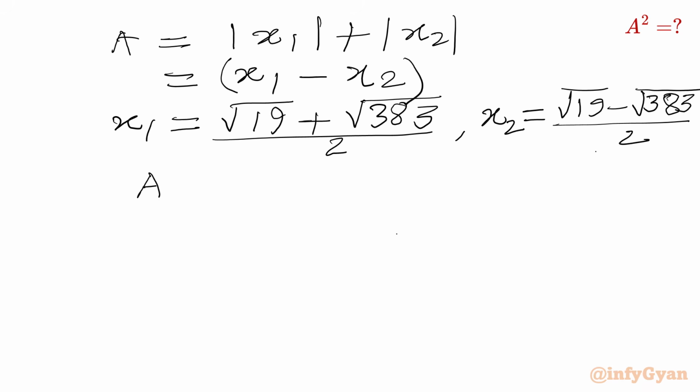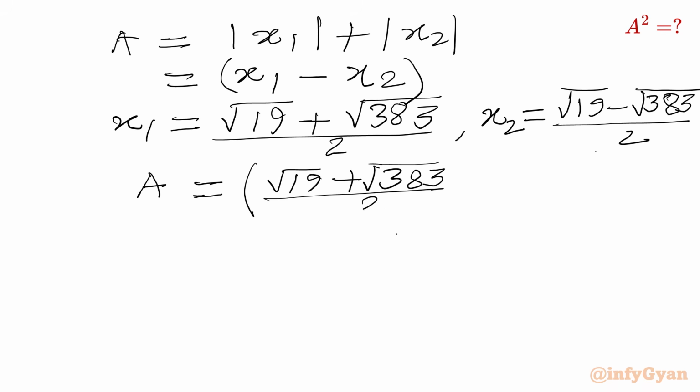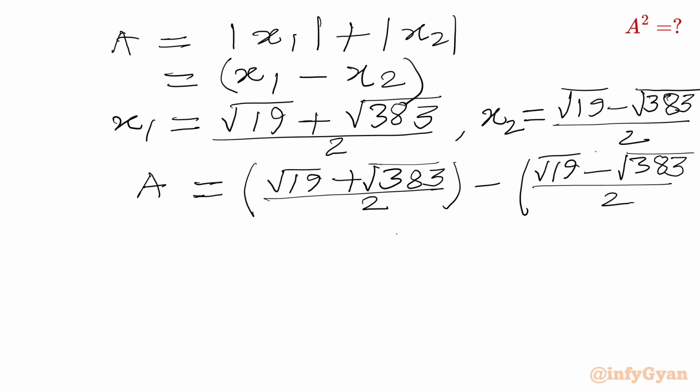So let me find a first. A equal to x1, square root 19 plus square root 383 over 2, minus x2, square root 19 minus square root 383 over 2. Now we will simplify.